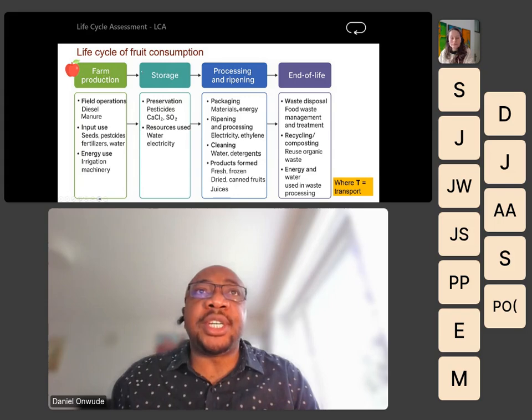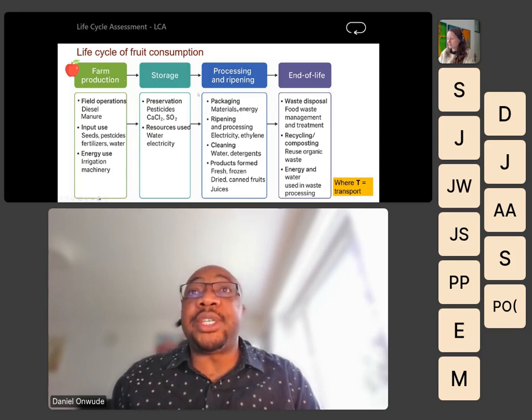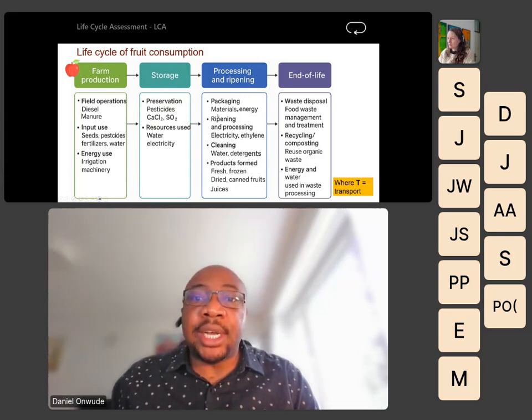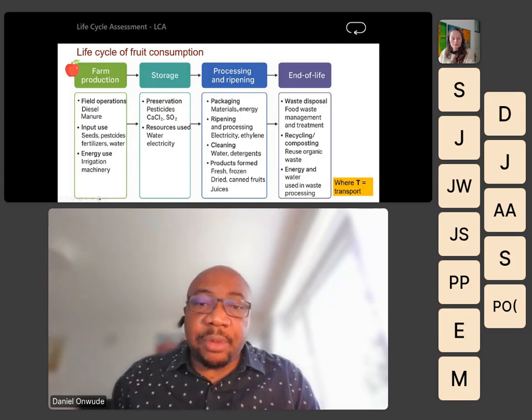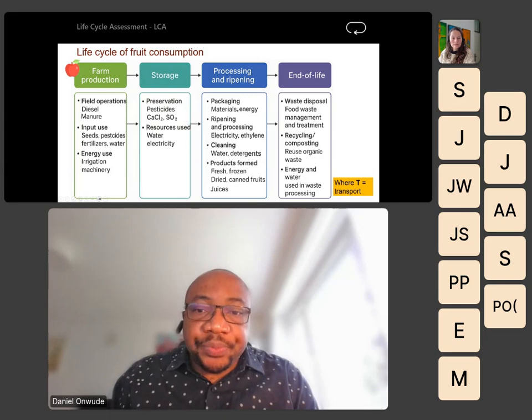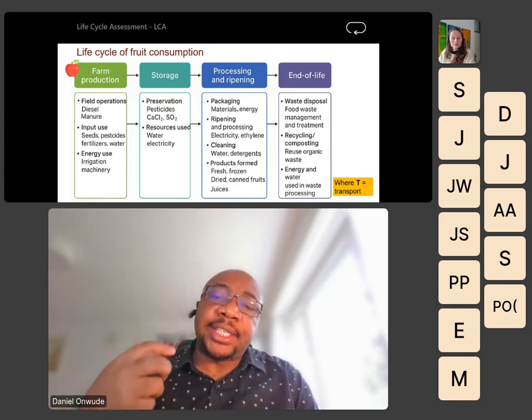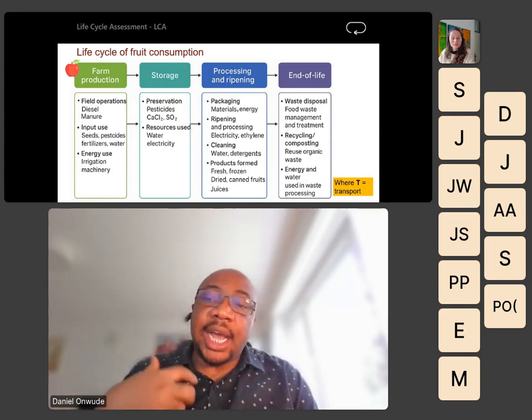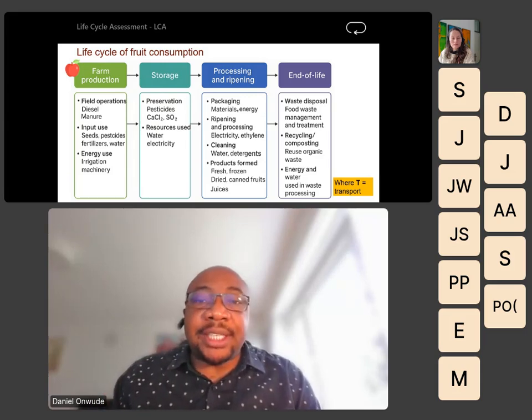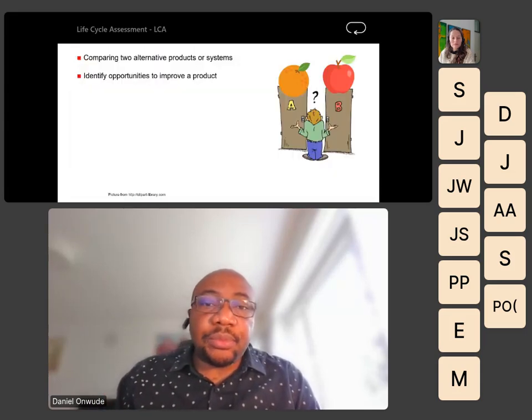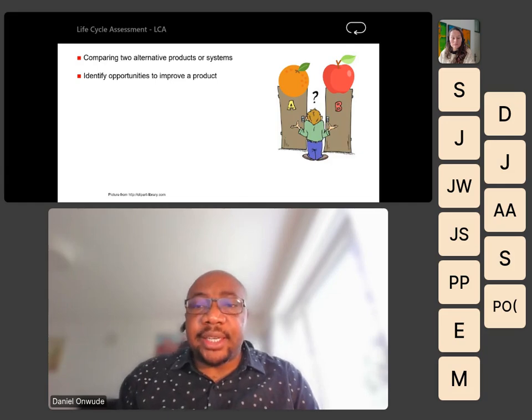So from farm to production, there's a T, to storage, there's a T, and so on and so forth. This T is transportation, which consumes a lot of energy, right? And all these contribute to environmental impact, basically. So the idea is that life cycle assessment would help us understand and measure all these impacts in a fair manner.